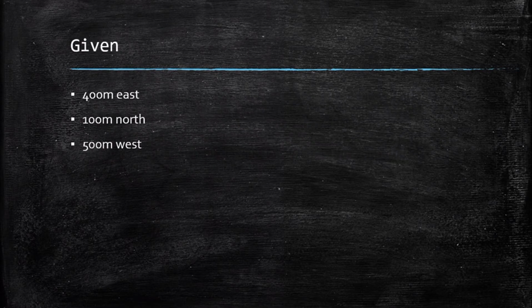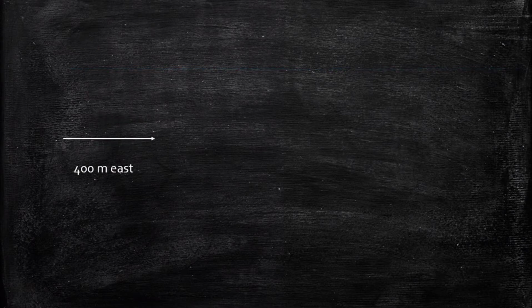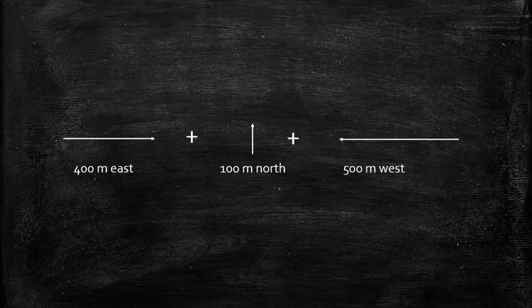So this is the given direction that Todoroki went: 400 meters east, 100 meters north, 500 meters west. And we will write the vectors, which is 400 meters east plus 100 meters north plus 500 meters west.